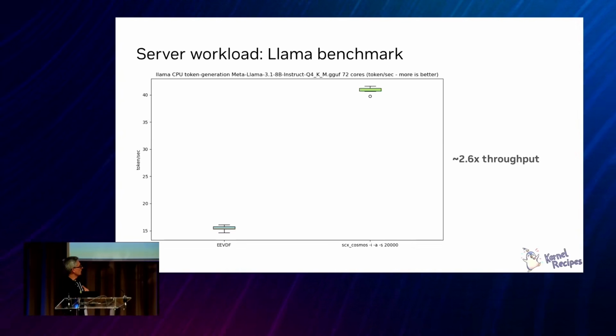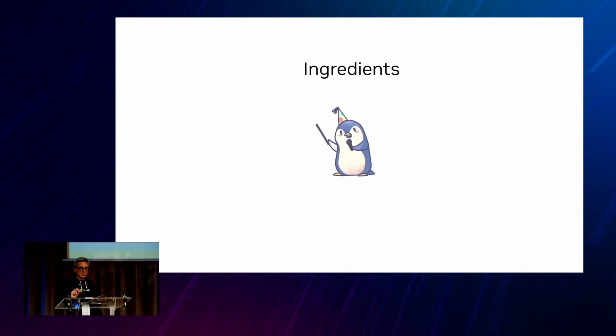SCX Cosmos is a scheduler that was designed for this specific scenario. If you use this scheduler in another context, it doesn't work that well. But the cool thing is that you can load and unload these schedulers at runtime. They're not crashing your kernel. If they have a bug, worst case, you get a temporary stall of your system, and that's it.